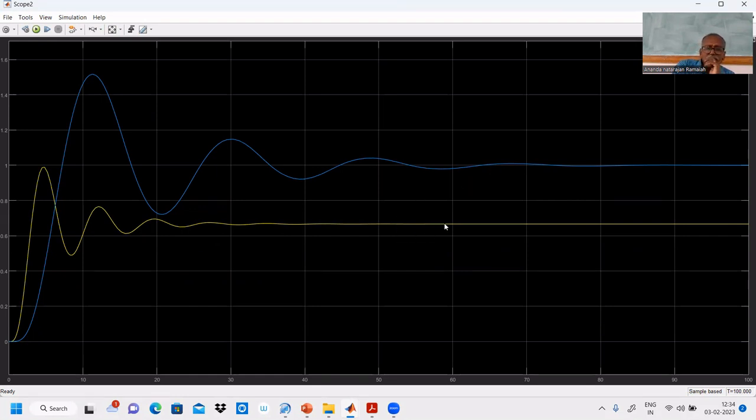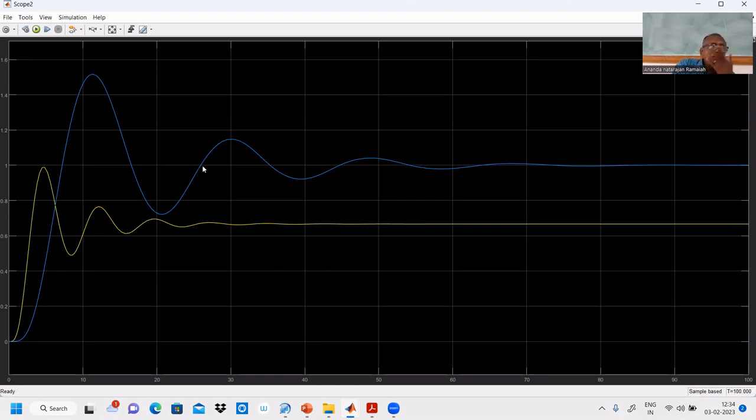If you use P only controller, steady state error is there. But if you see the rise time, for P only controller, rise time is better. But for I mode, it is sluggish, takes a long time to rise. Rise time is a greater value.